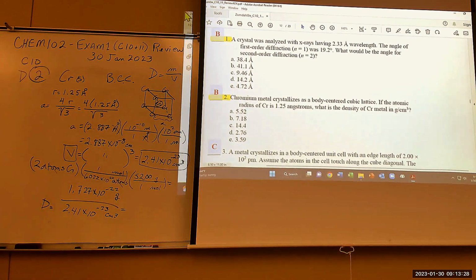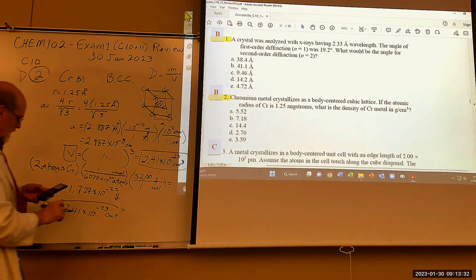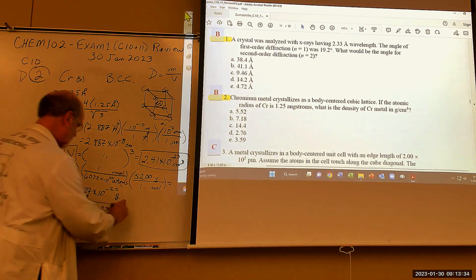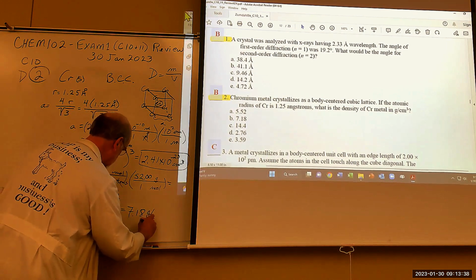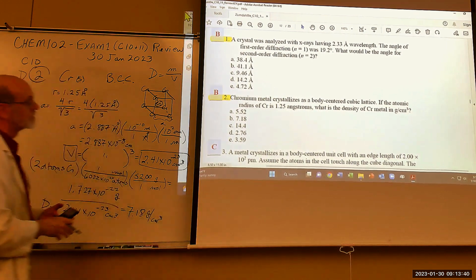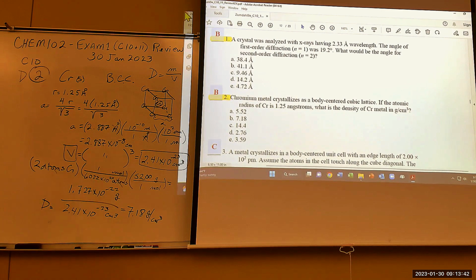Let's see, I just need to get them in my calculator, flip those and divide. I get 7.18 grams per cubic centimeter. B is the answer. Okay. That took a few steps. That's why it's in the difficult section.